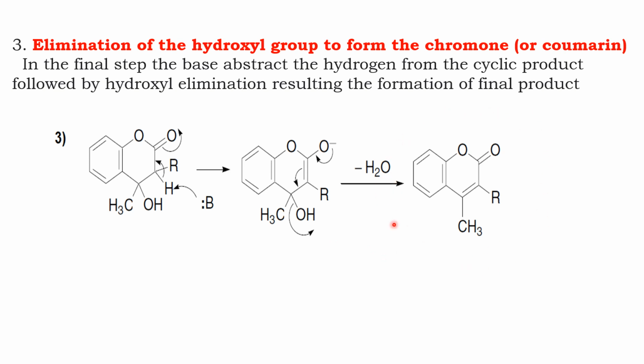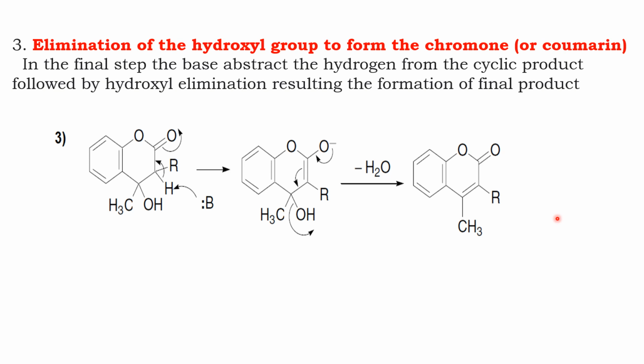So we could say in the Kostanecki reaction, an acid anhydride combines with a hydroxy aryl ketone, a phenolic oxygen linkage is established, followed by cyclization, and in the final step elimination occurs.